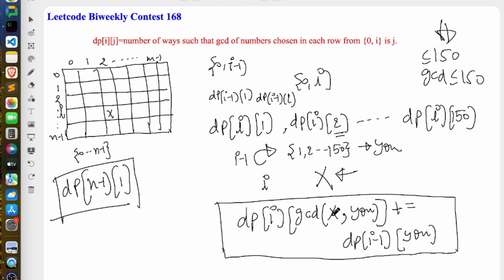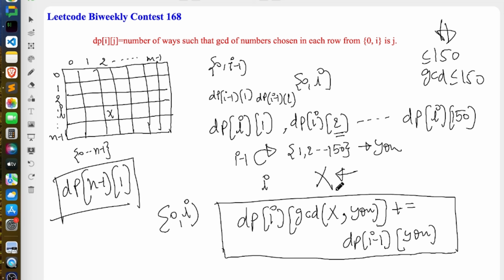I will take GCD of current number and the previous number. Let's say the number was u, plus equals to what it means: the number of ways to get this GCD of x comma u from index 0 to i will be plus equals to the number of ways to get GCD u at the previous index, right?